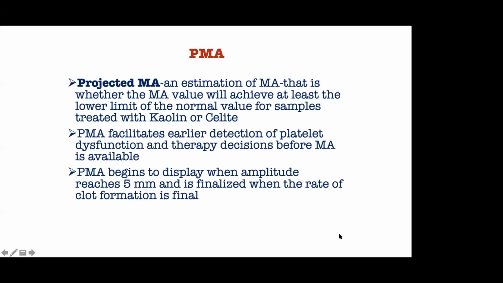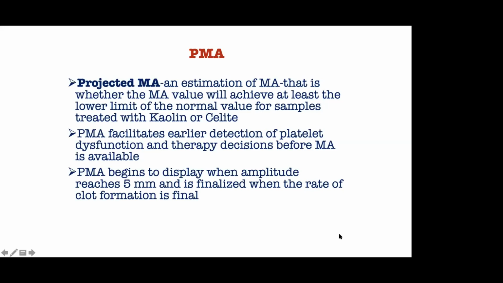PMA facilitates earlier detection of platelet dysfunction and therapy decision before maximum amplitude is achieved. PMA begins to display when amplitude reaches 5 mm and is finalized when the rate of clot formation is final.